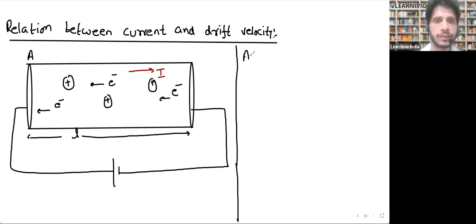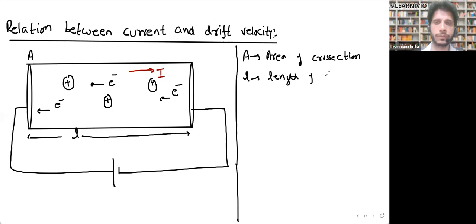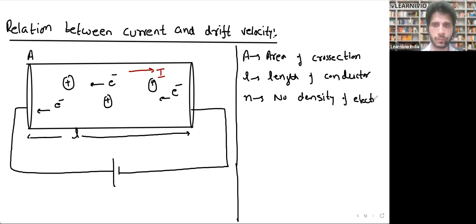So here A is area of cross section. L is length of conductor. n is number density of electrons.